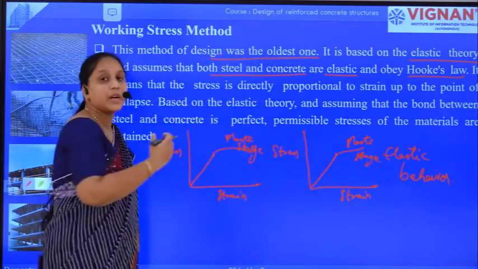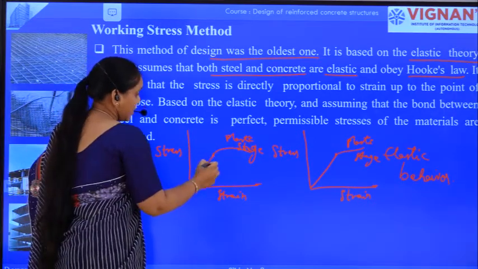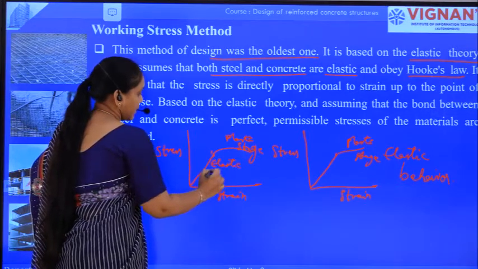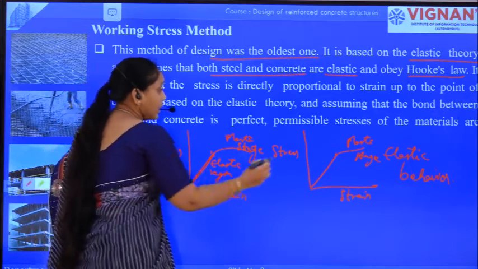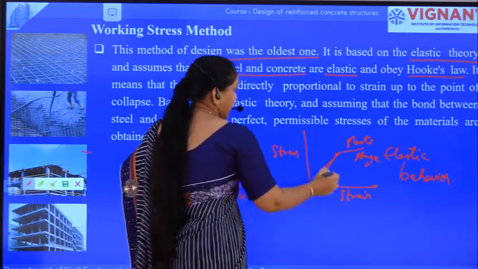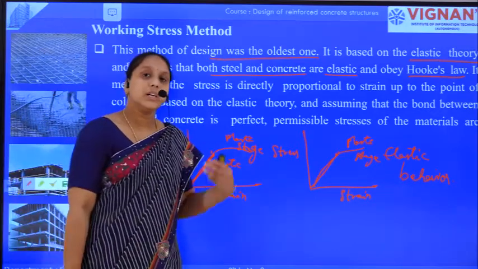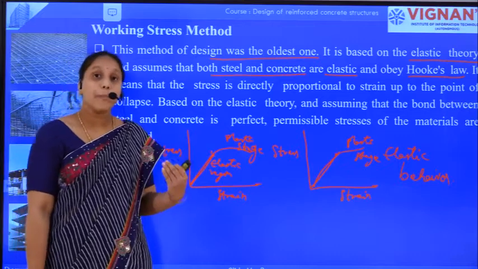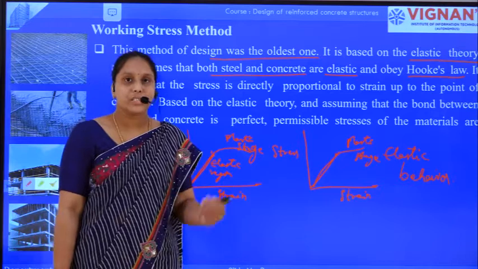But in this particular working stress method, the stress strain curves are confined to the elastic region only. So up to this elastic region only, both the stress strain curves are confined. That is, the materials, both the concrete as well as steel, will not go beyond the elastic range, that is, they will not go into the plastic stage.